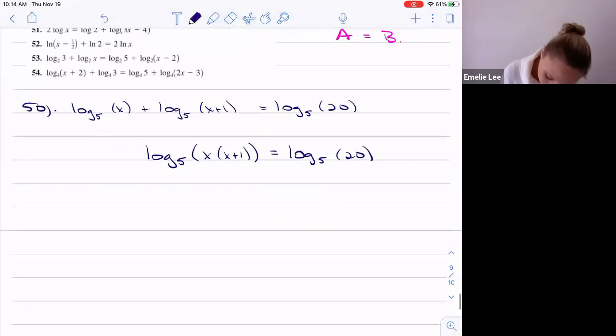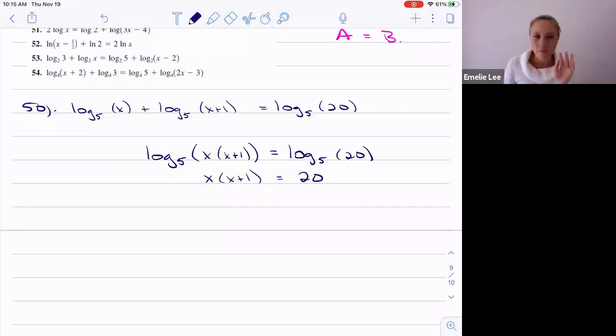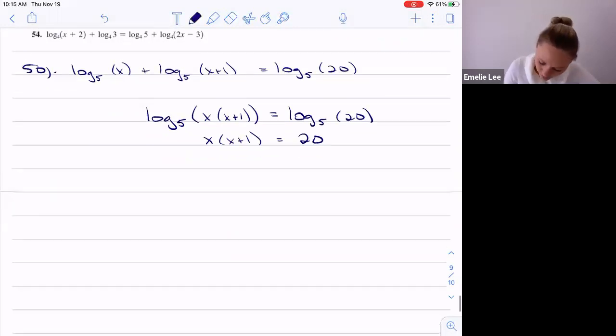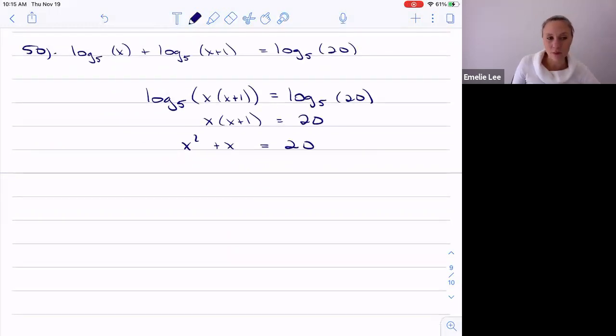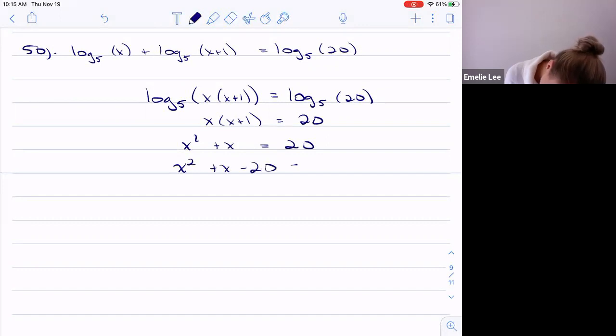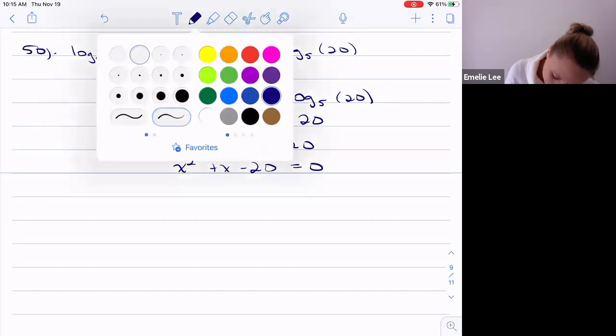So then we have x times x plus 1 is equal to 20. All of a sudden, I'm just dealing with a quadratic. I can expand this out, and I know how to solve quadratics. So I get x squared plus x is equal to 20. I can subtract 20 from both sides, so I get x squared plus x minus 20 equals 0.